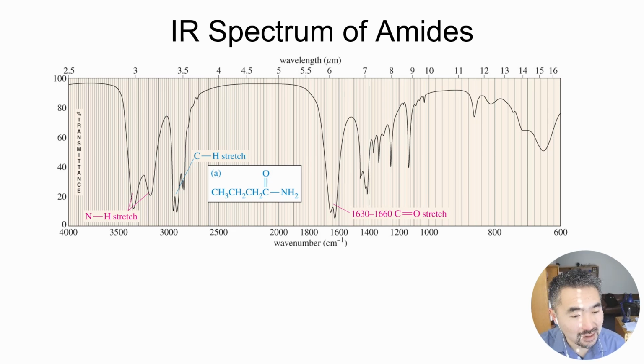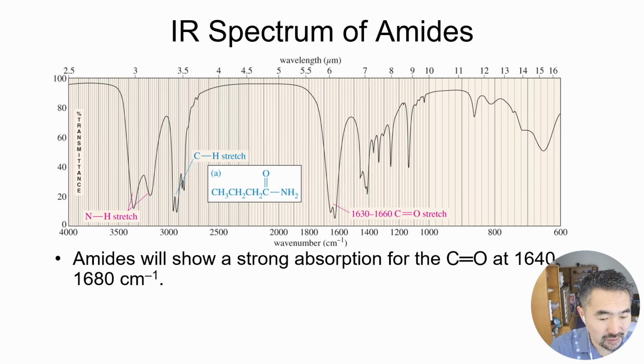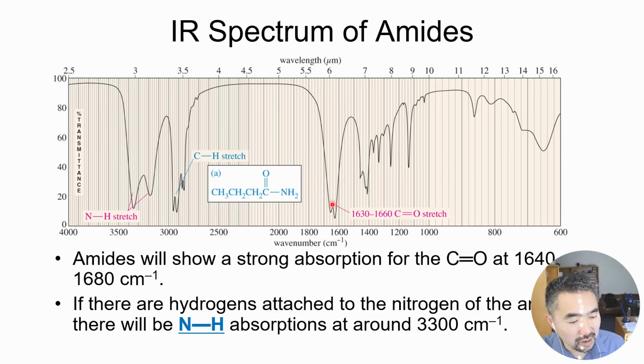Here's a primary amide spectrum. You see that strong peak around 1650-ish. I actually am not super sure why it's split into two signals here. But there's also, you could see the two NH2 stretches out here.